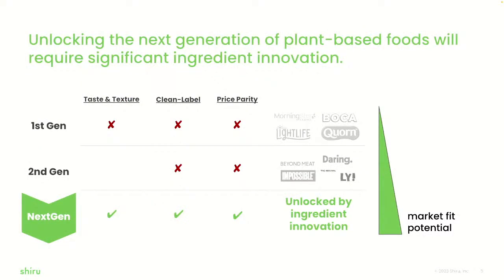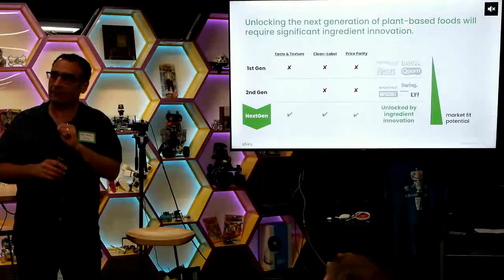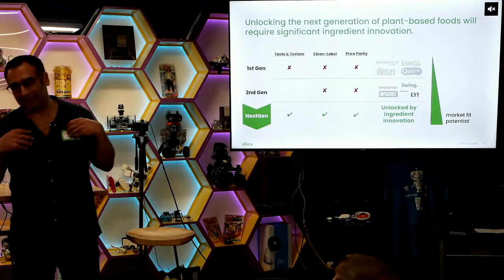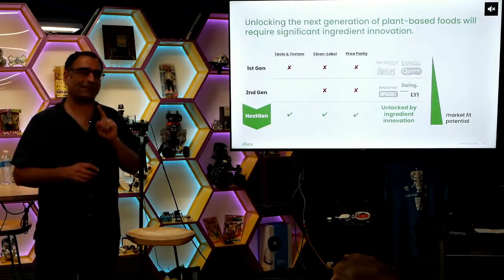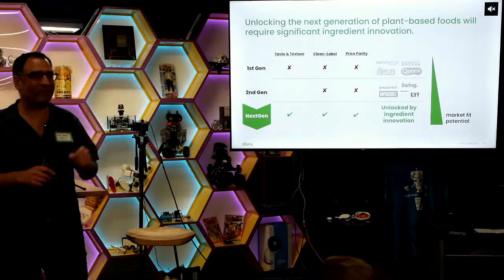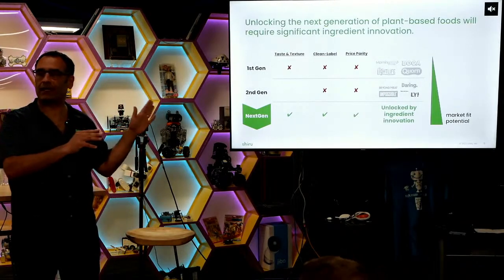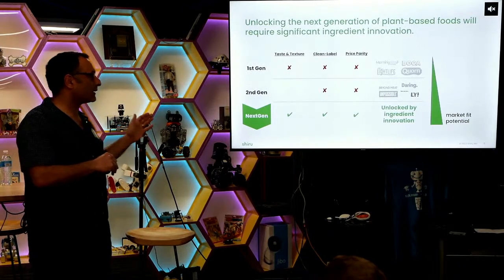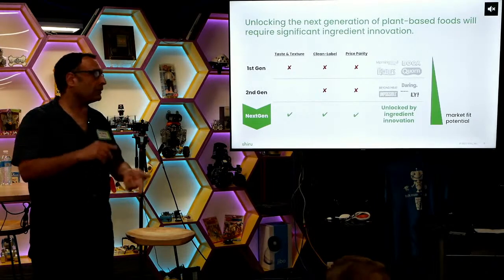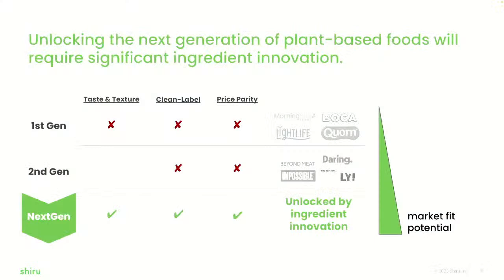She does not eat Beyond Meat burgers because they're too reminiscent of meat. So at least for my single point of statistics at home, I know there is definitely improvement taste-wise, but clean label and price points still have room to improve.